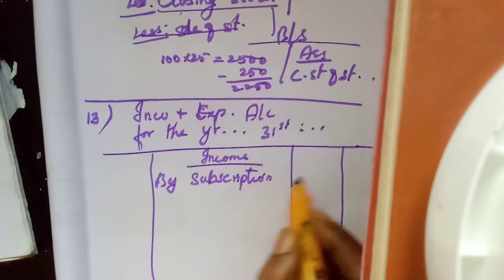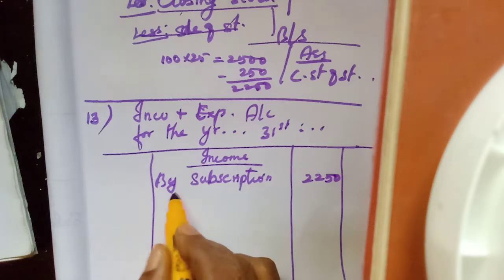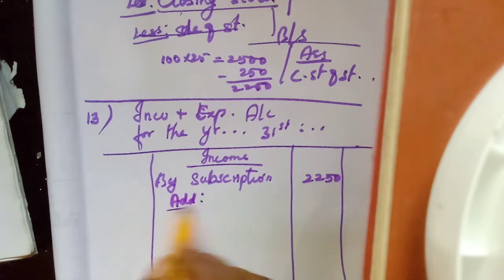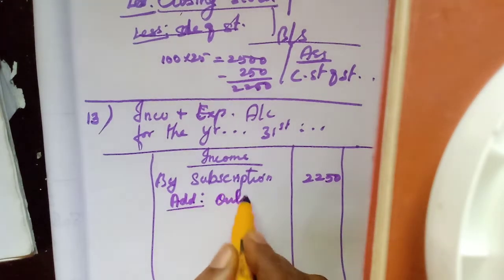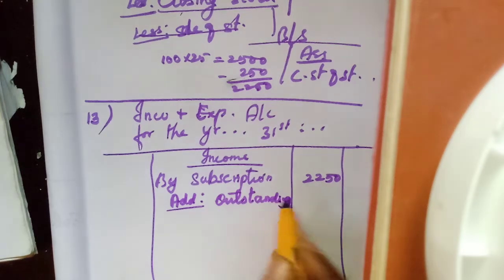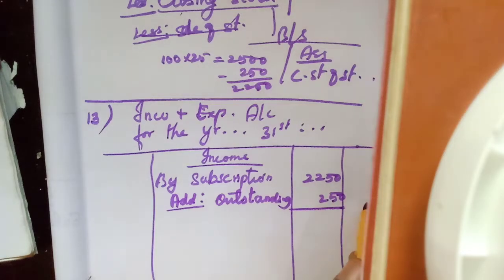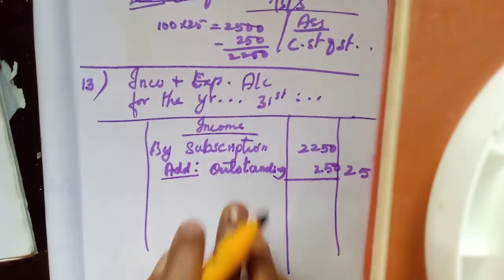So subscription 2250. Now we should add outstanding subscription. Outstanding subscription how much? 10 members, 250. So totally 2500. Like this only we have to write.